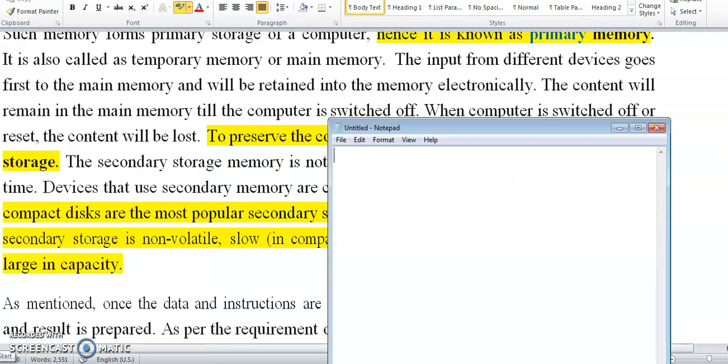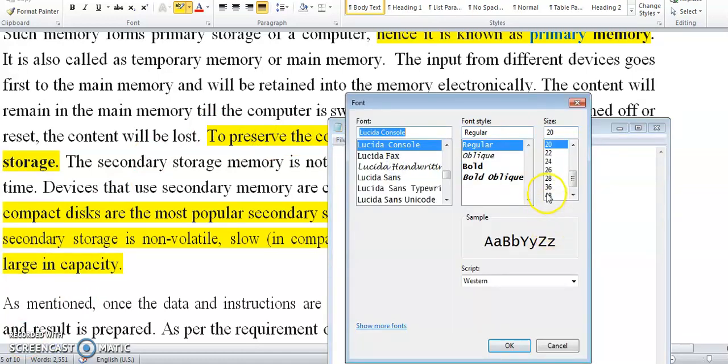Suppose I am writing here. I write one line. I hope you are able to see this line here.